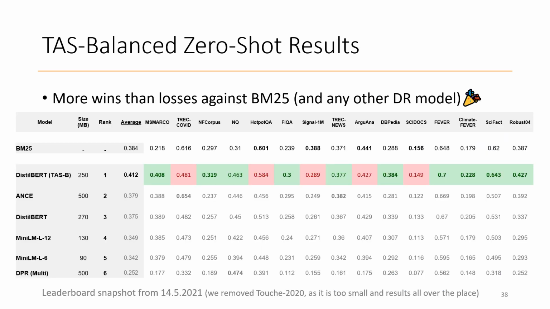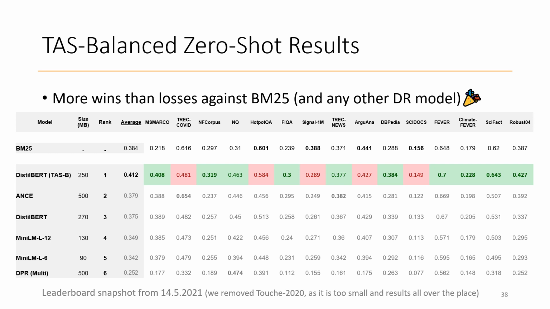Our TAS-Balanced paper came out roughly at the same time as the BEIR benchmark paper, so it was not yet part of the discussion of the BEIR paper. But the organizers of BEIR took our public Hugging Face checkpoint and ran it through their framework already. And we are happy to answer the question: how good is TAS-Balanced in zero-shot transfer learning?